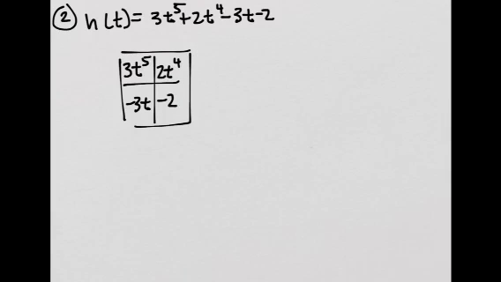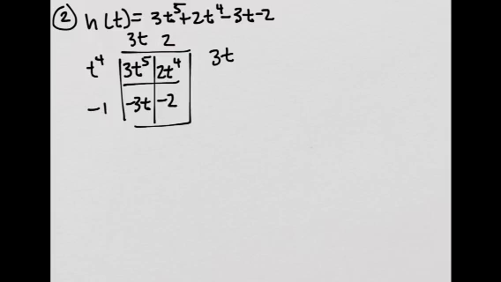Okay, for number 2 I set it up the same way because it's 4 terms. So in the first row I can factor out a t to the 4th, then 3t times t to the 4th is 3t to the 5th, and then 2 times t to the 4th is 2t to the 4th, and then minus 1. And then again I check, is -1 times 2 equal to -2? Yes. So that means it's factored correctly.